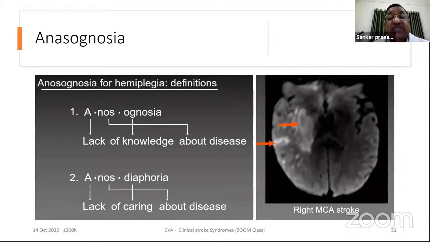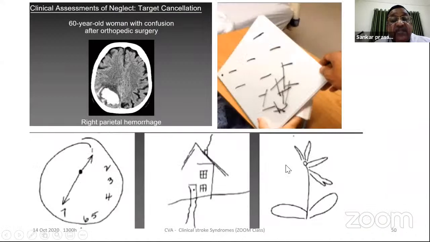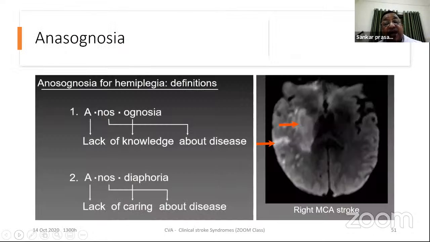This is called anosognosia. Anosognosia means lack of knowledge about the disease. If you ask the individual with a right cerebral hemisphere stroke what is wrong with you, he says I don't have any problem. That is the lack of knowledge, or anosognosia, and you can detect it by doing these tests. And anosodiaphoria is lack of caring about the disease.